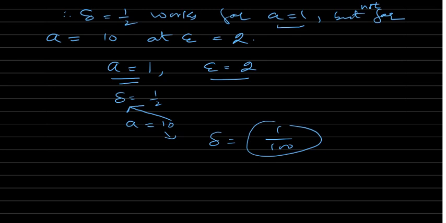But the question is, can I choose delta positive such that delta works for all a's, जो भी a आप choose करोगे, and the answer is no for this particular function f of x equal to x square over the whole real line. So let's negate that. So we had to prove that we cannot find a unique delta for all a's. So assume on contrary that there is a delta which works for each a.